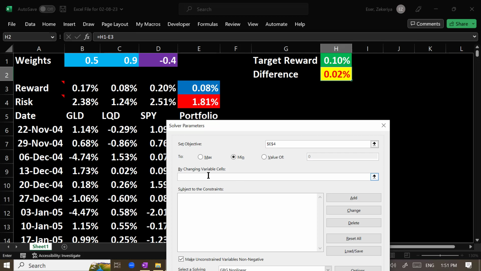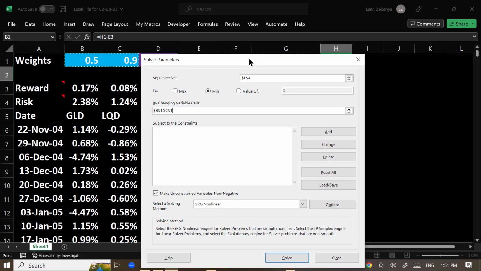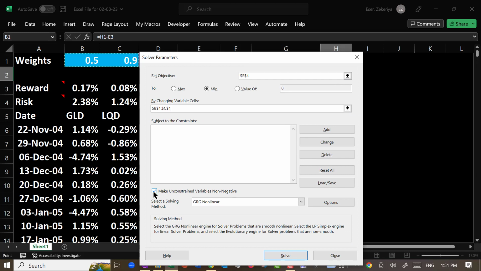What am I free to vary around? I'm free to vary around these weights. Remember, the last weight is determined automatically. I'm not restricting it to have non-negative weights. I'm going to allow it to have negative weights as well, which means you can short them.